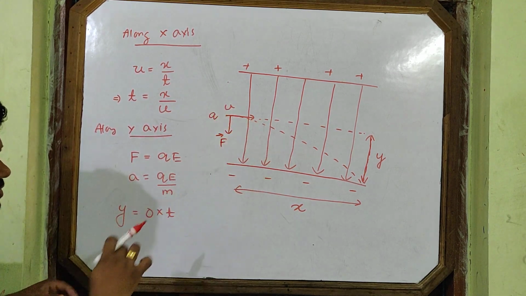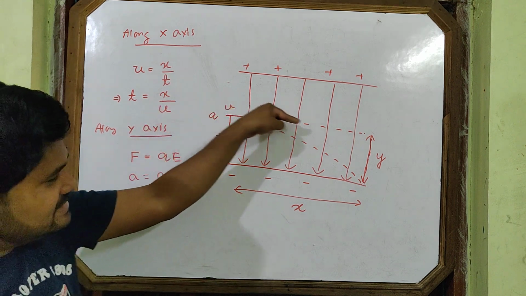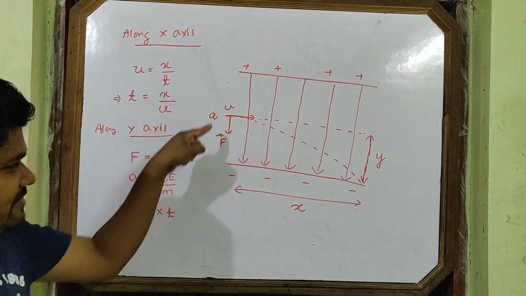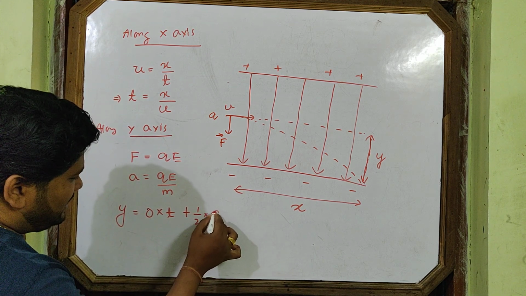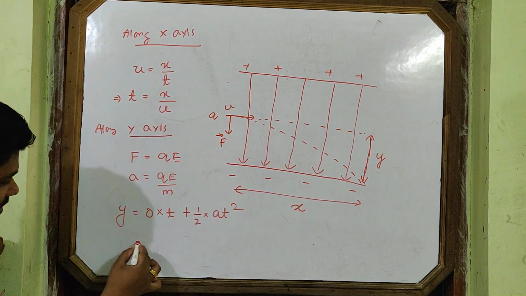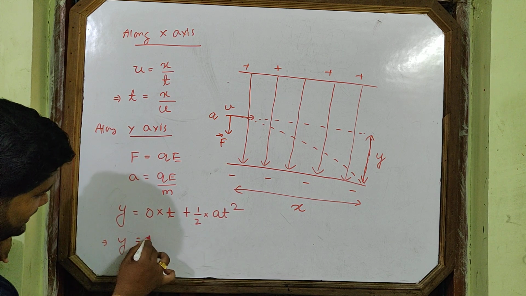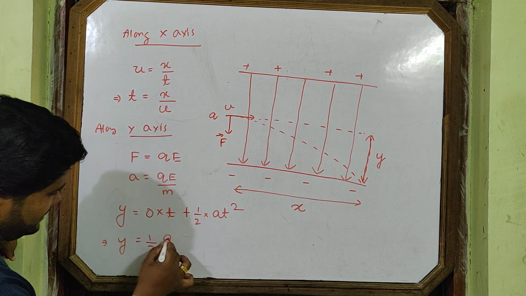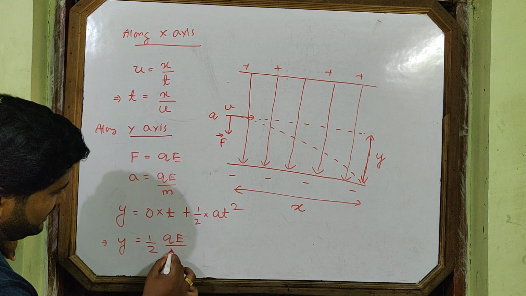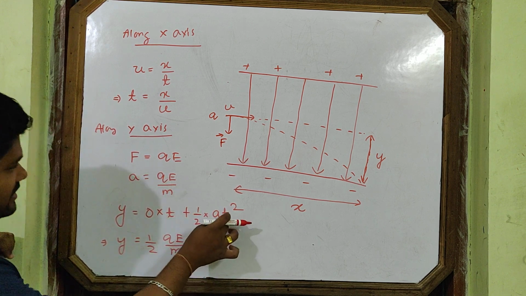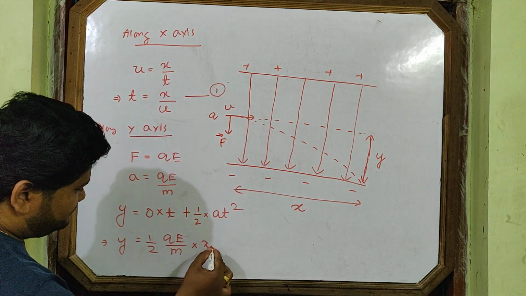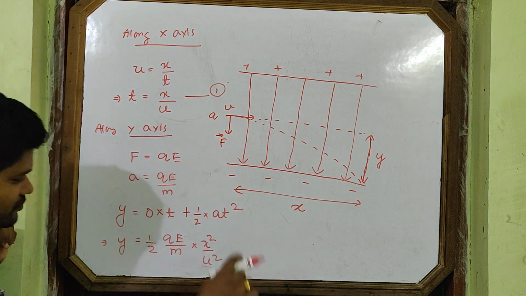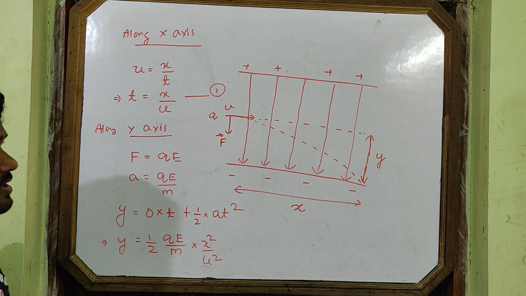Along the y-axis there is no velocity. This velocity u is along the x-axis. Along the y-axis the initial velocity is 0. So ut plus half a t square. But y, half a is QE by m, into t square. But t, bring from equation number 1: x square by u square. Now you got one equation here.